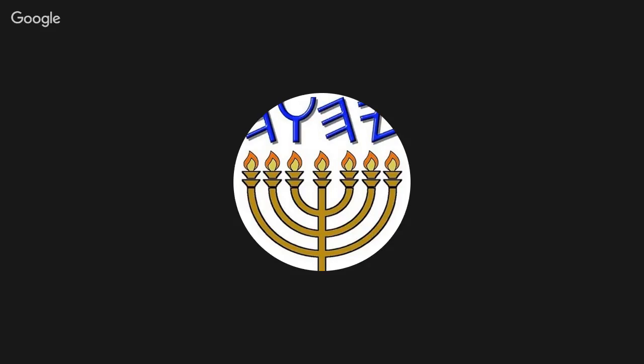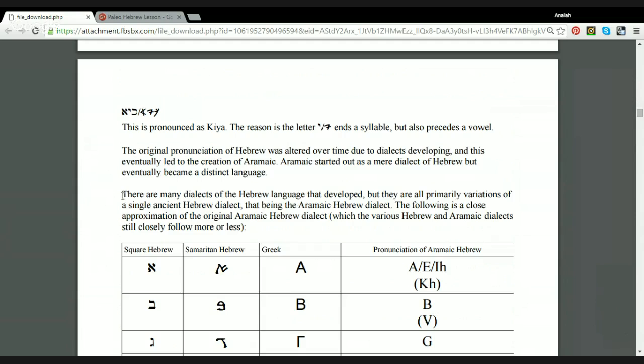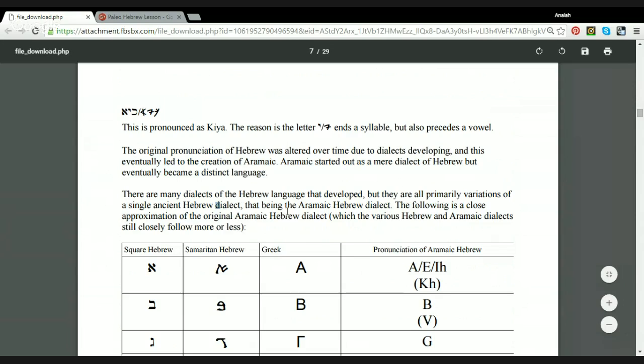Yeah. Let's see here. So I say right here, there are many dialects of the Hebrew language that developed, but they are all primarily variations of a single ancient Hebrew dialect, that being the Aramaic Hebrew dialect. I say the following is a close approximation of the original Aramaic Hebrew dialect, which the various Hebrew and Aramaic dialects still closely follow, more or less.